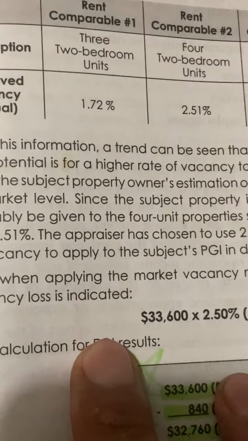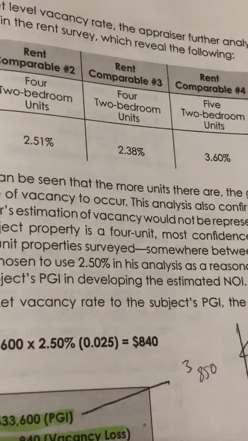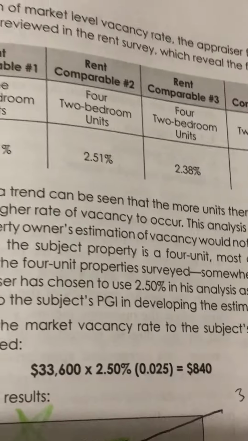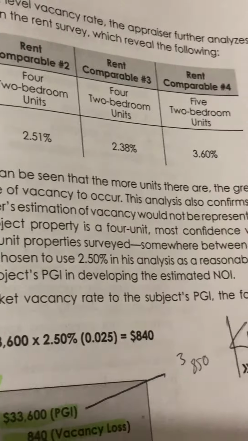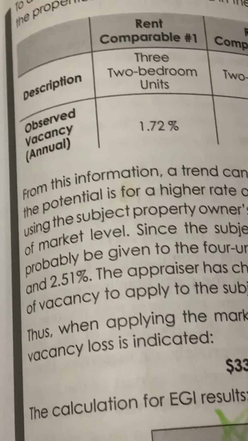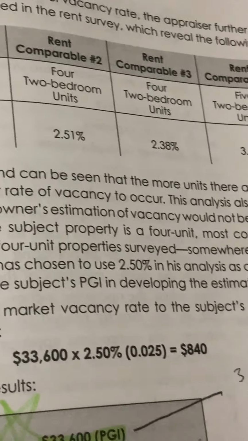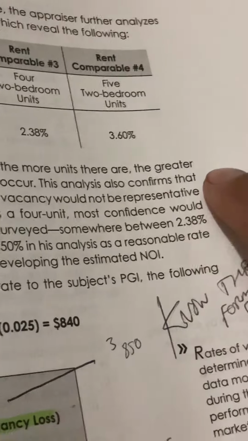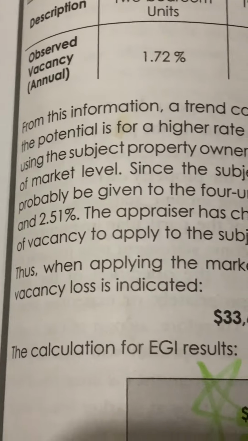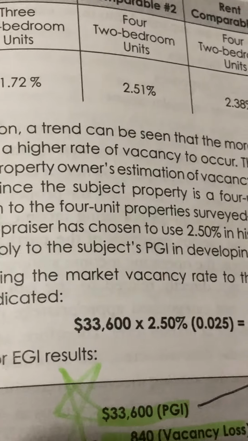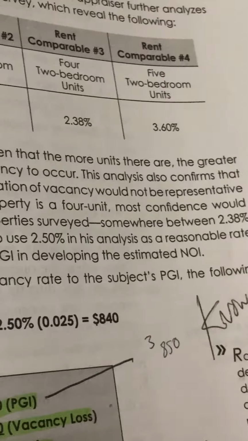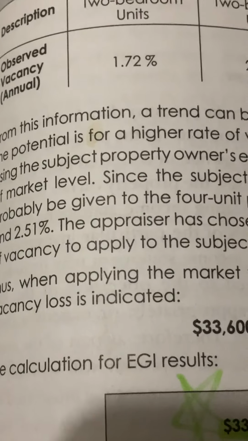From this information, a trend can be seen that the more units there are, the greater the potential is for a higher rate of vacancy to occur. This analysis also confirms that using the subject property owner's estimation of vacancy would not be representative of market level.